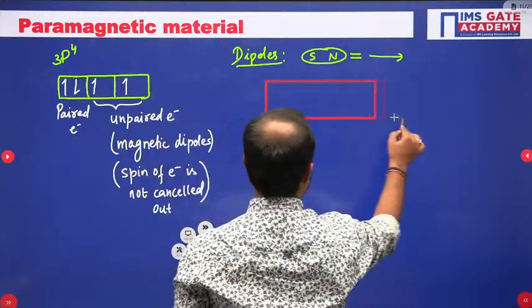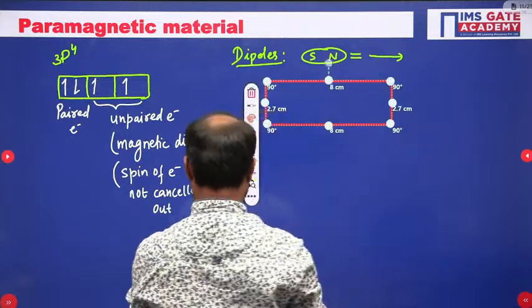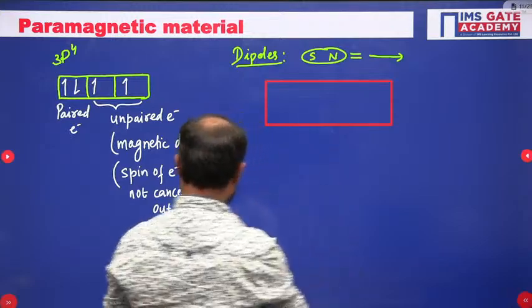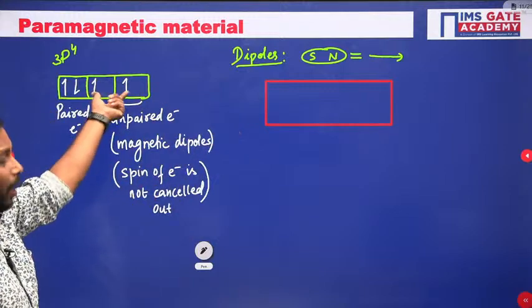Suppose you are having the material like this. As I told you, it is going to have dipoles inside it because of this unpaired electron.